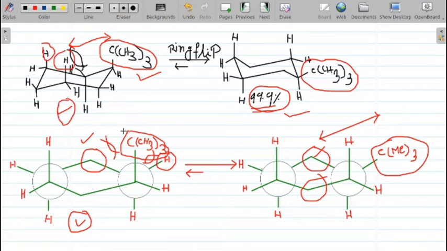So this conformation where the tert butyl group is present at the axial position is more unstable than the conformation where the tert butyl group is present at the equatorial position, which is more stable.